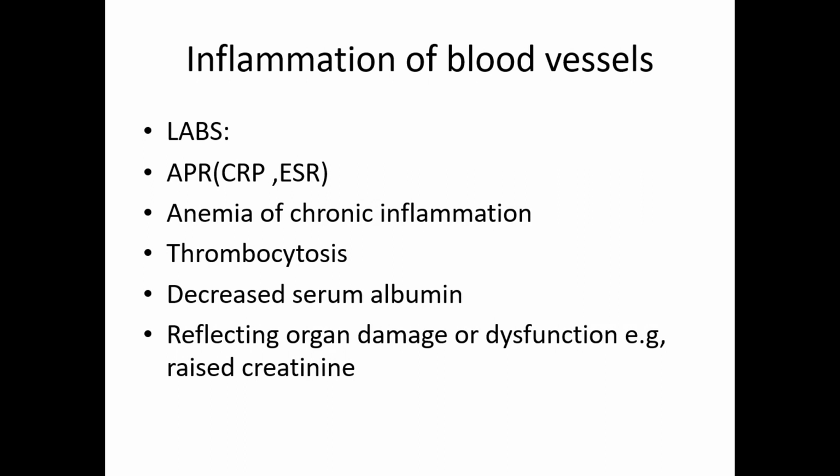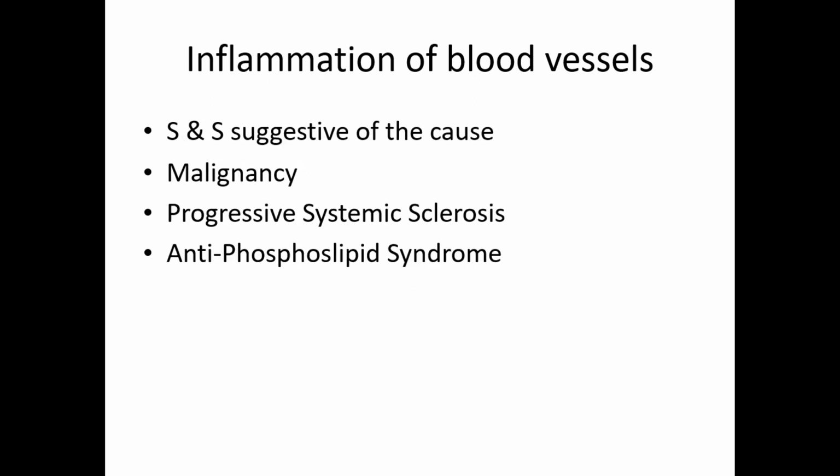And of course, you'll be doing a lot of these tests. I'm not going to read the entire slides, but just to give you a basic idea about vasculitis. At the same time, when we are dealing with these patients, we need to be aware of certain conditions, for example, malignancy, and other rheumatic conditions like systemic sclerosis.